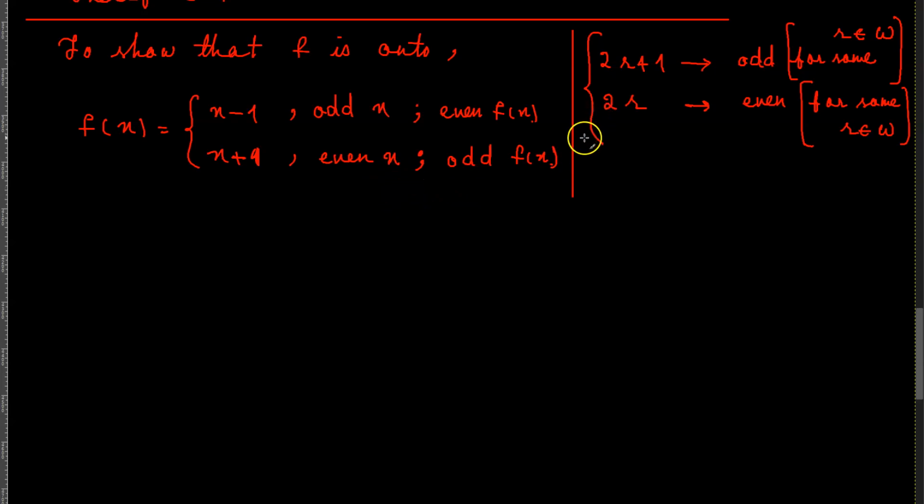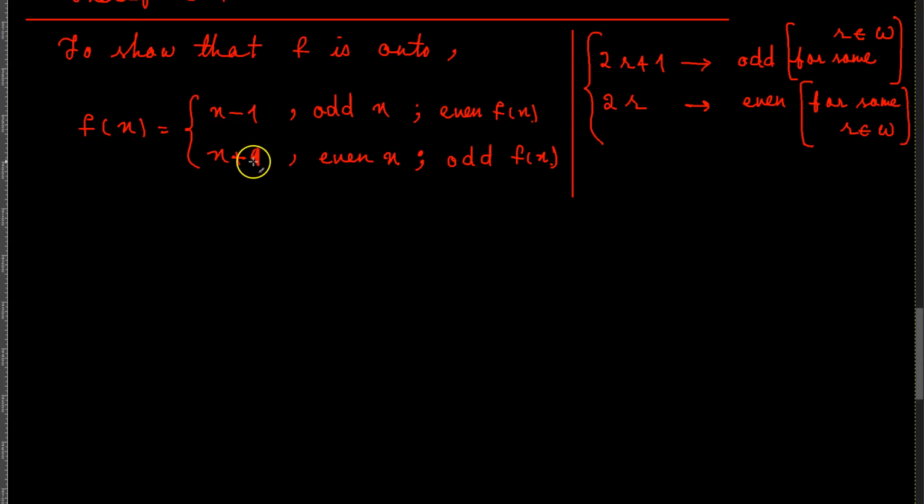So now I need to show that every odd number, which is 2r plus 1, is the image of some element in the domain of the function, which means that when the output of the function is odd, of course you can see that f of x is odd, and that's where all of the odd f of x's come from.